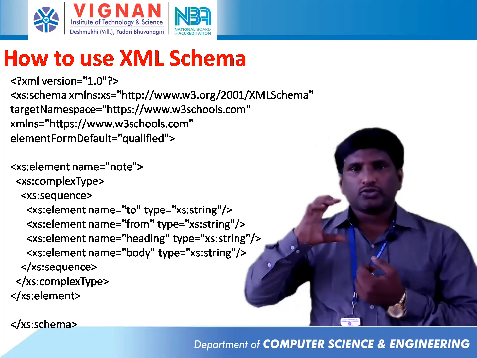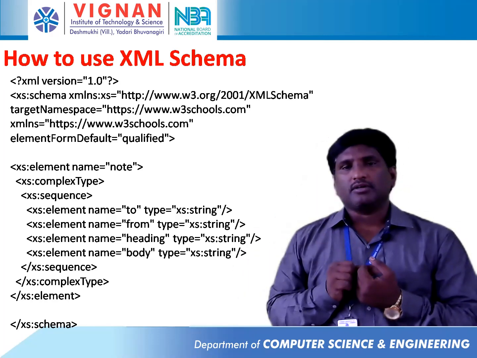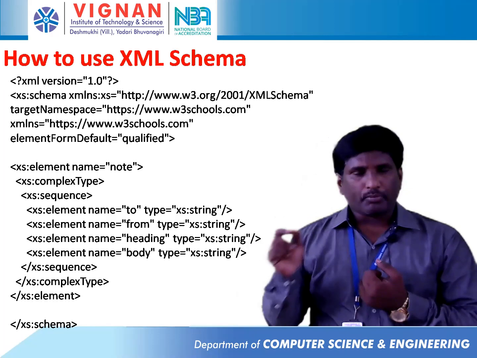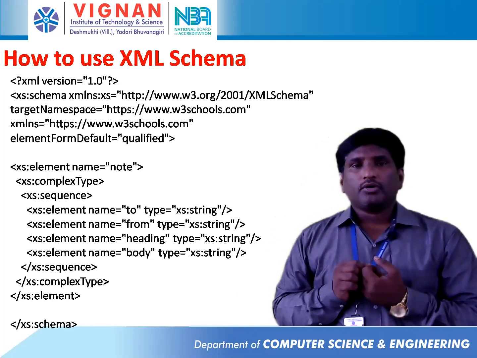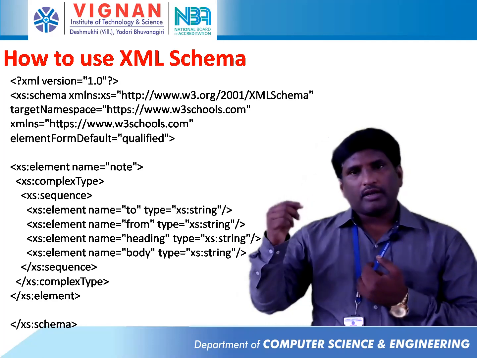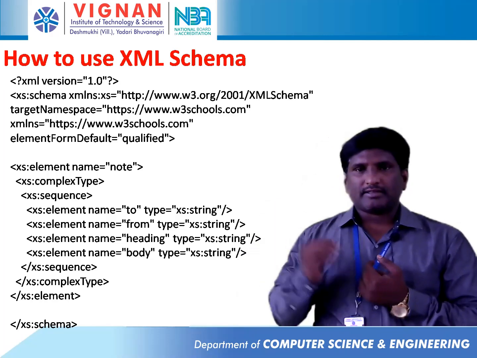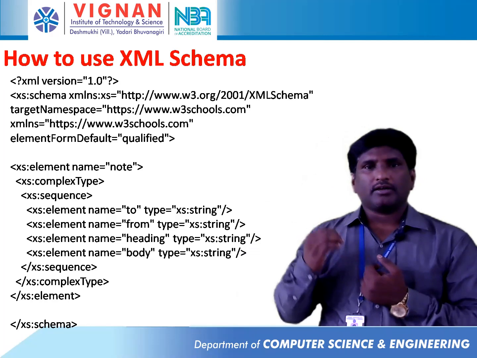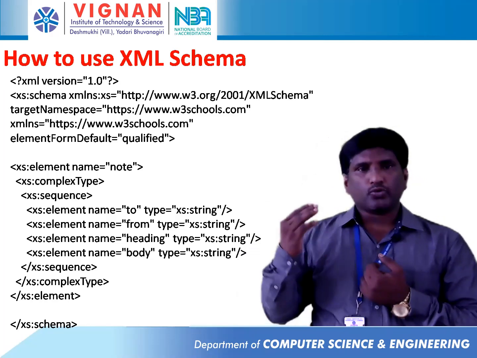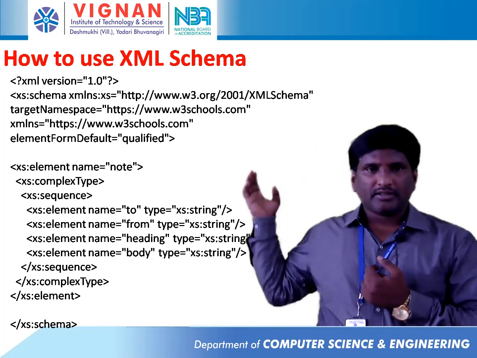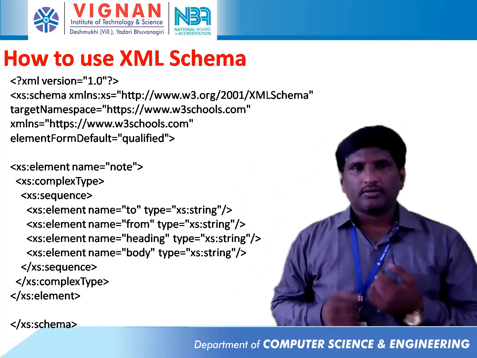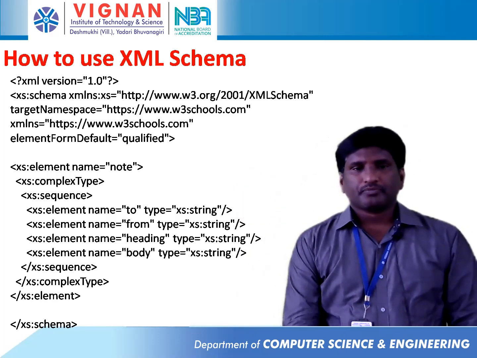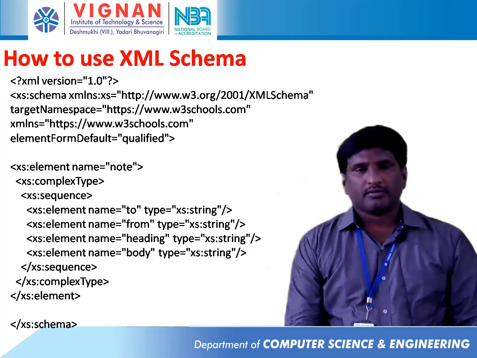Within that only we need to provide all information related to the XML document. Because we have a root element note in the XML document and four sub elements, we declare the root element name equal to note, like this. So this is the example, able to understand.